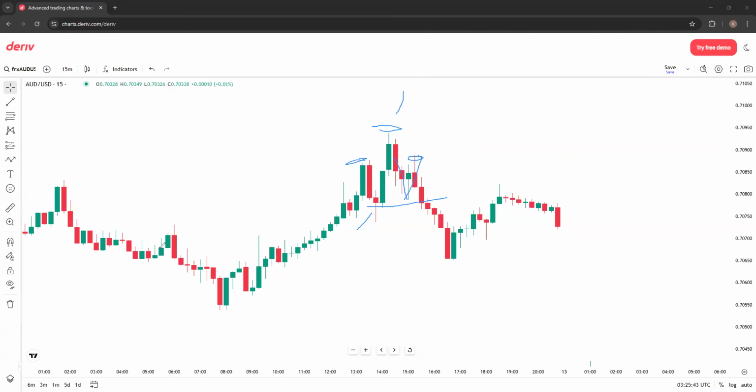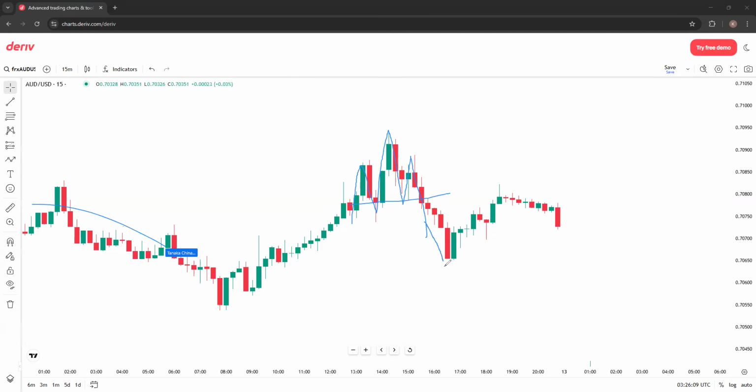So now at the end of the day, what we see is we have a head and shoulders pattern, and let me mark it clearly. We have a shoulder, a neckline, a head, a neckline, a shoulder, a neckline, and then a break.